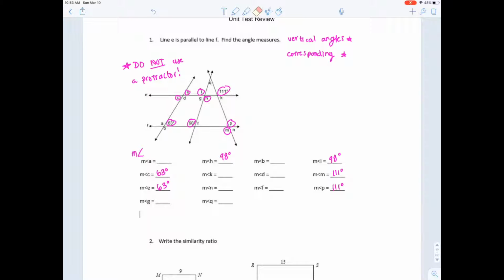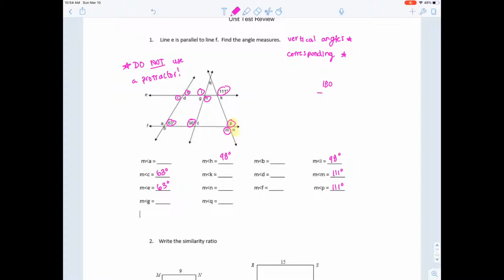All right. The other types of angles that we know of are linear, right? Or not angle, but linear pairs that create a straight angle, right? So for example, I have P and N. Those two angles are supplementary to one another, so therefore they add up to 180 degrees.